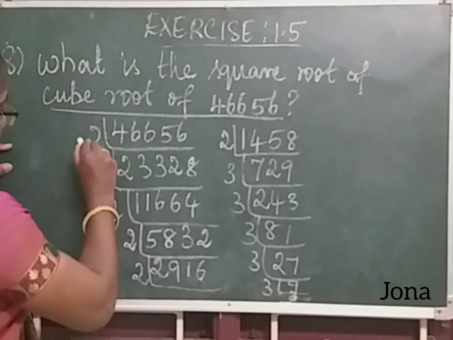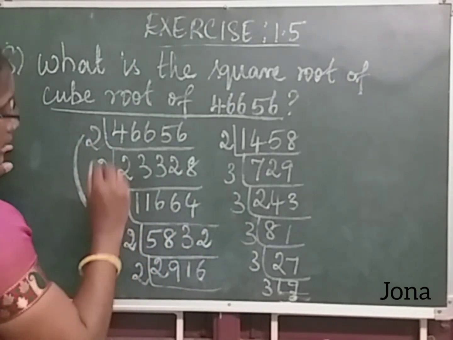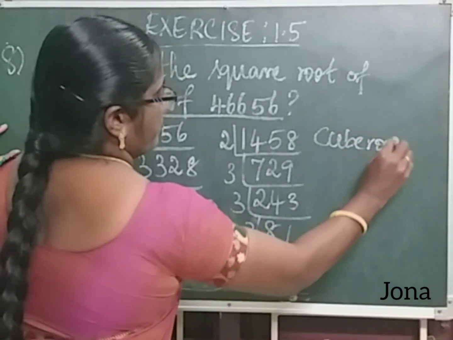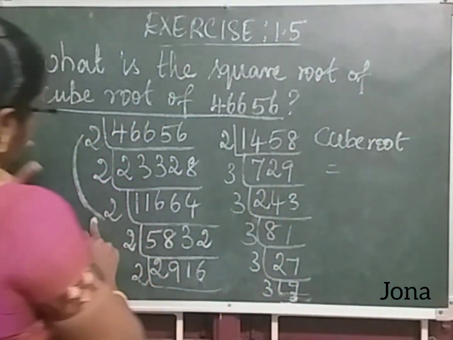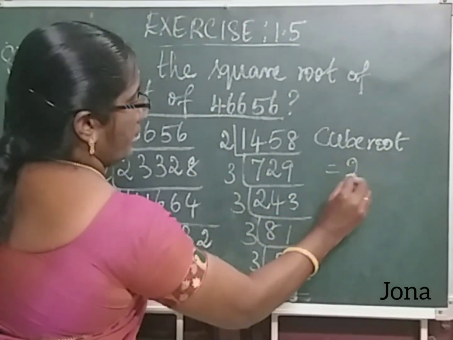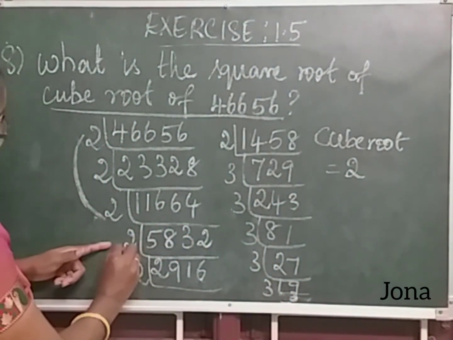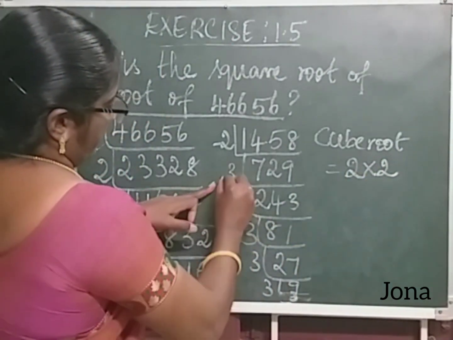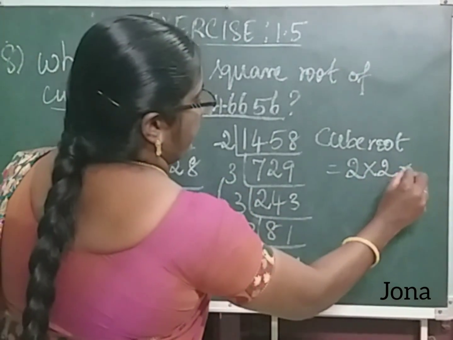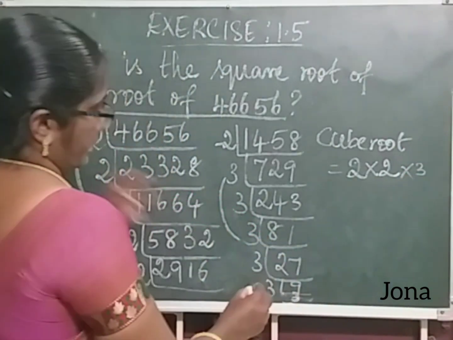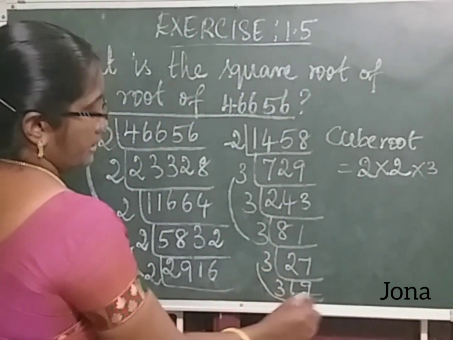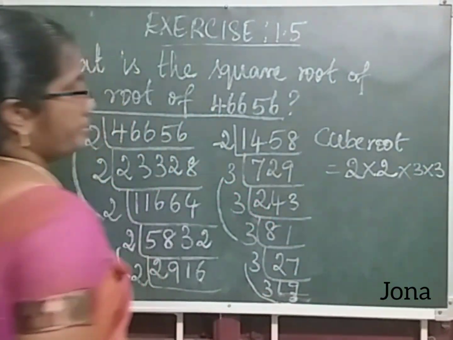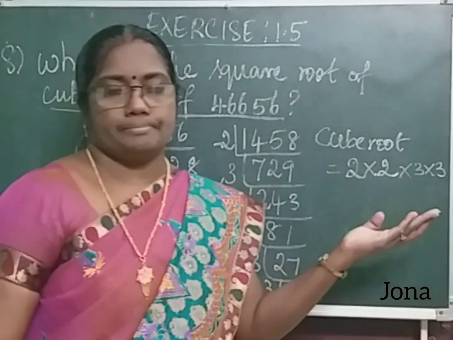So for these 3 2s I want to take 1, 2, and then for these 3 2s take one more 2, and then for these 3 3s take 3 here, and then for these 3 3s take one more 3. So this is the cube root here.